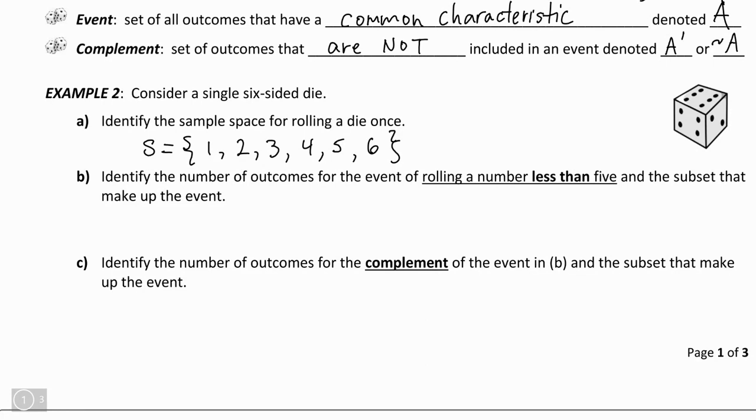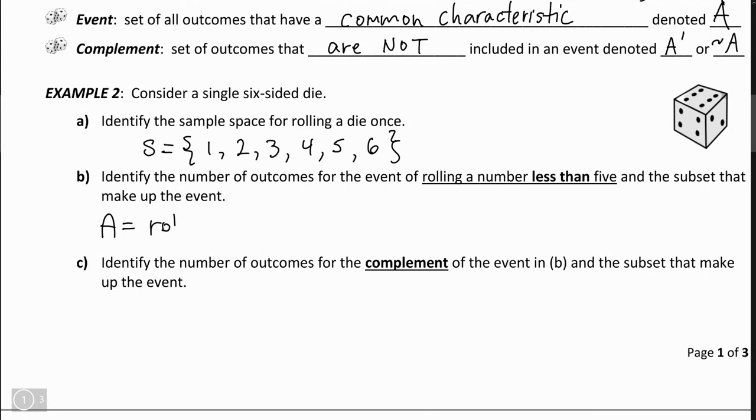Part B: identify the number of outcomes for the event of rolling a number less than 5 and the subset that makes up the event. So my event, which I usually call A, is to roll a number less than 5. How many ways can you get a number less than 5? Well, you have 1, 2, 3, 4 ways.